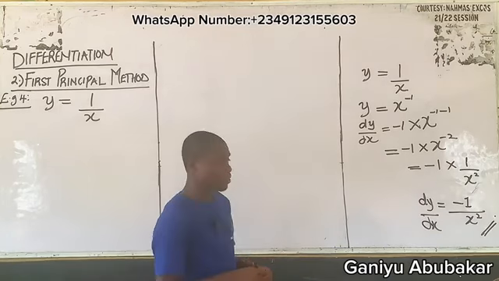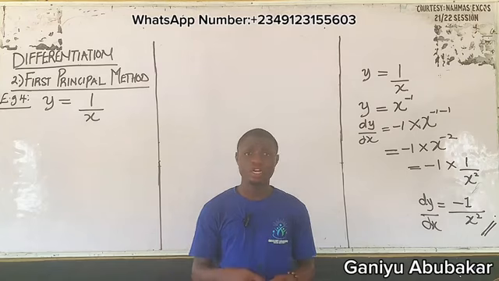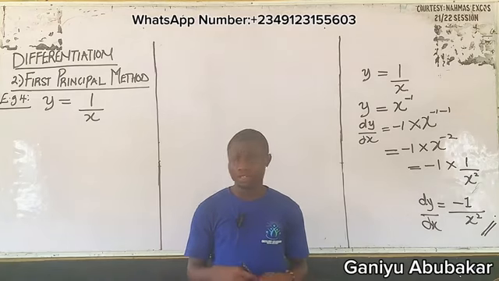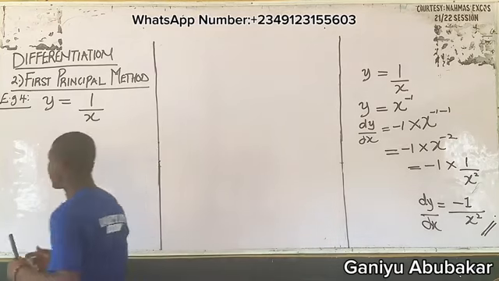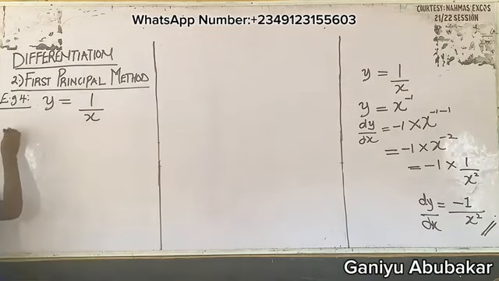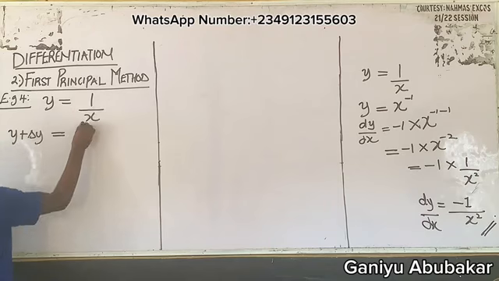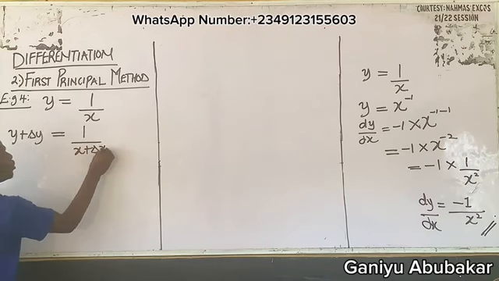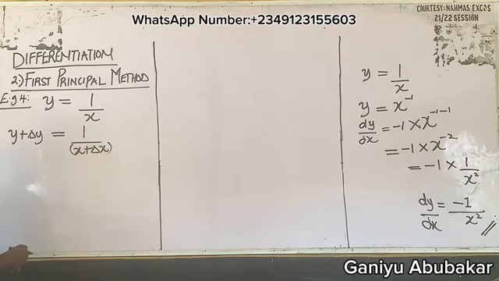Let's now apply first principle and see if our answer will be comparable. First principle, the task is quite easy. We said y plus delta y is equal to 1 over x plus delta x, in this case. The next procedure is to take this y to the other side.